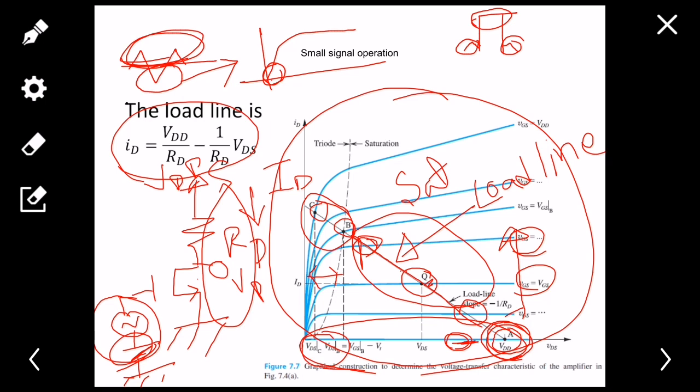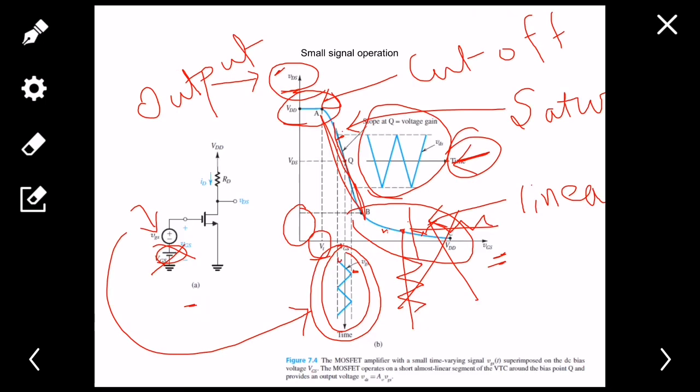We will try to take the Q point in between B and A, to get a good swing on both sides. That's the reason we choose the saturation region for amplification.